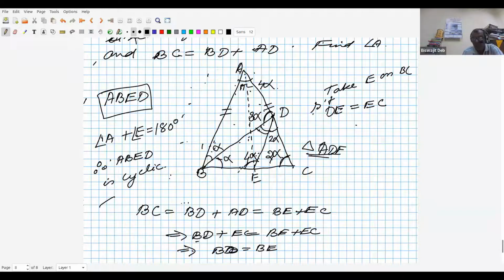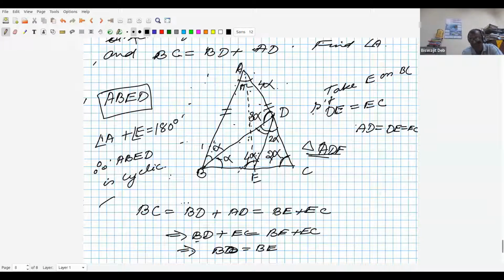AD is equal to DE, and this is equal to EC. AD, DE, and EC, they are the same. So from there, we are getting AD equal to EC.